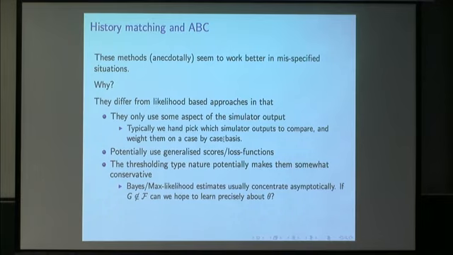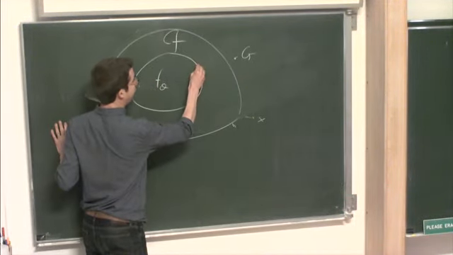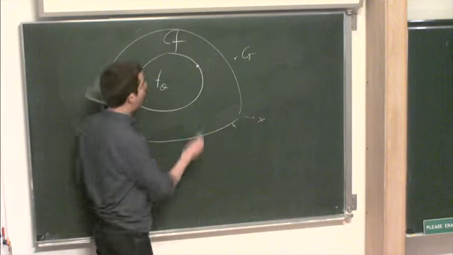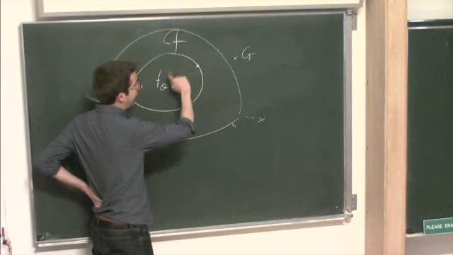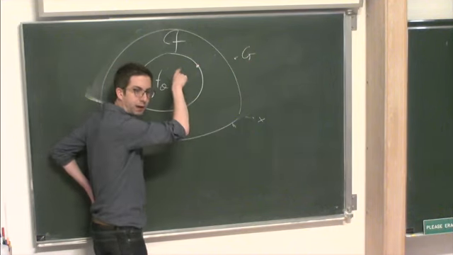But finally, I think this thresholding makes them somewhat conservative. Both Bayes and maximum likelihood tend to have the property that they concentrate asymptotically. In maximum likelihood inference, as we get more and more information, we converge to this point here, which is the model in this set that minimizes the KL divergence between G and my model class.